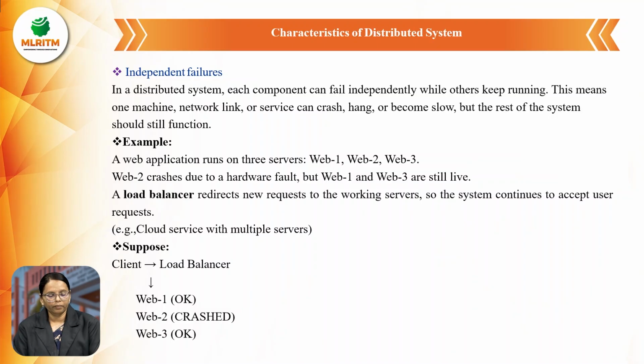For example, a web application runs on three servers, Web 1, Web 2, Web 3, right? Web 2 crashes due to a hardware fault, but Web 1 and Web 3 are still live. So here a load balancer redirects new requests to the working servers. So the system continues to accept user requests.